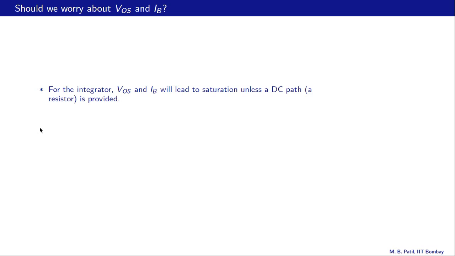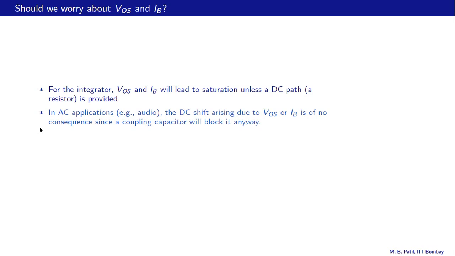What about the inverting and non-inverting amplifiers? It depends on the application. Let us see in what way. In AC applications, where the signals are varying with time, for example audio signals, the DC shift arising due to the offset voltage or the bias current is really of no consequence, because in such circuits there will be coupling capacitors to couple the various stages, and these coupling capacitors will just block that DC shift delta VO.